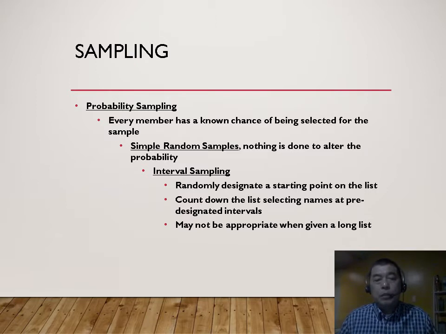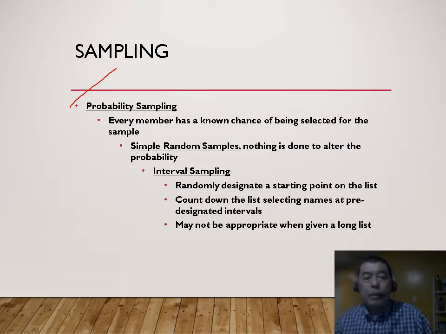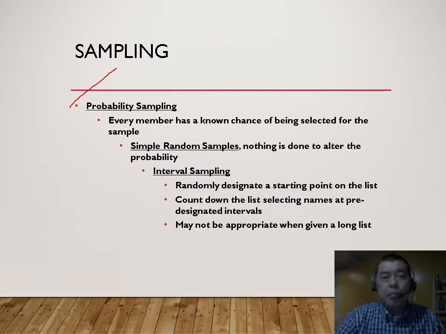Okay? So again, this is related to advertising and media research. Let's start. What is probability sampling? Probability sampling is that this is the assumption: every member has a known chance of being selected for the sample. Probability sampling is defined as a sampling technique in which the researcher chooses samples from a larger population.